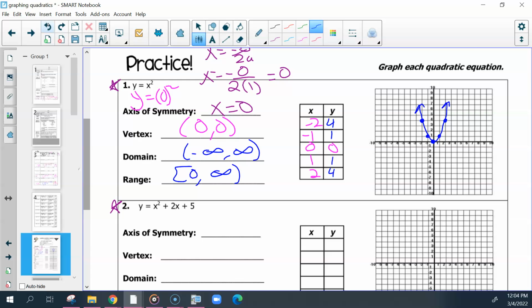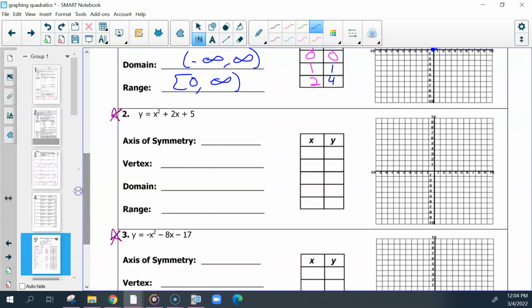Number 2, same process. Find your axis of symmetry. So x equals -2 over 2 times 1. What would your x be? -1.